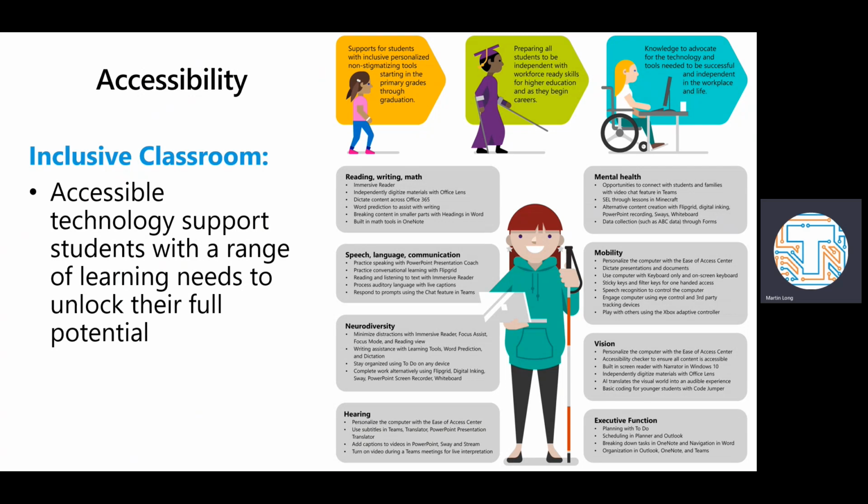It might be that you've got a visual impairment. Microsoft have tried to think of all of the different areas where support might be required, and then for inclusivity, try to incorporate features that will help to provide everybody with access and not exclude them from the learning that they're entitled to.